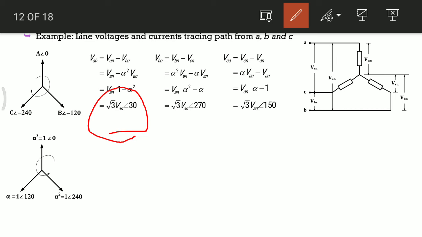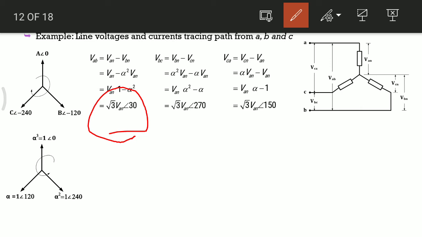Now if we want to calculate VBC, how can we write VBC? VBC can be written in the form of VBN minus VCN. Again, we have to convert all these values in the form of VAN.